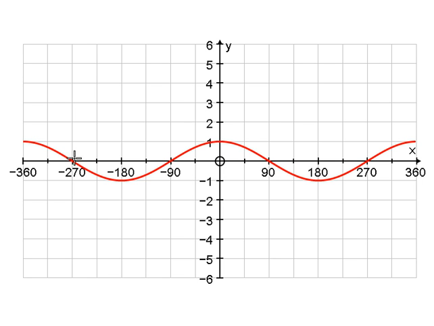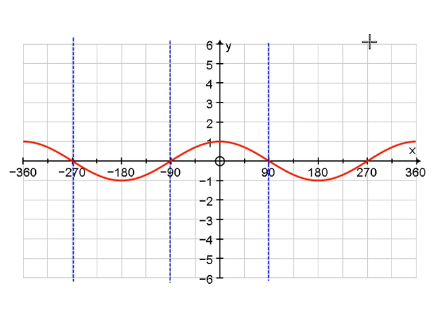Whenever this graph goes through the x-axis, for instance here, here, here, and here, the y-coordinate is 0. At these points on the secant graph, you will have asymptotes like this.